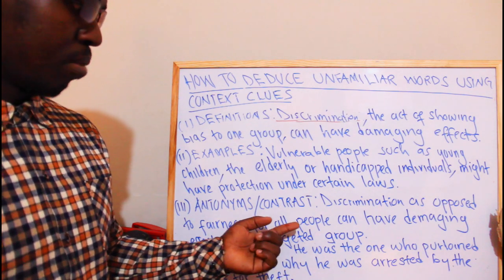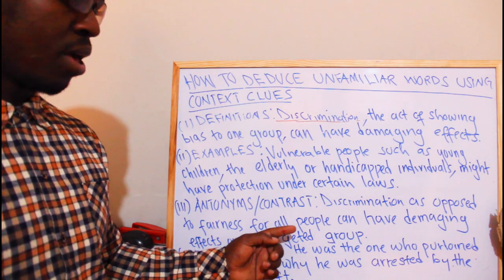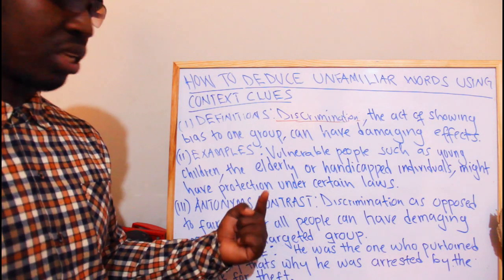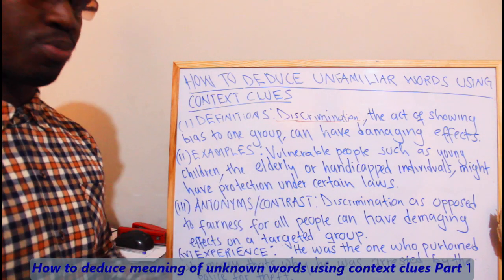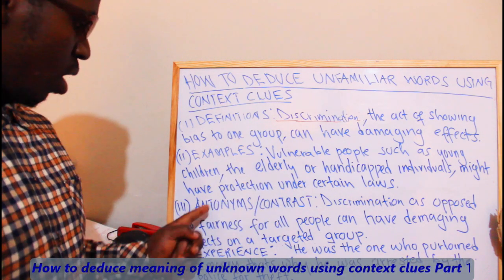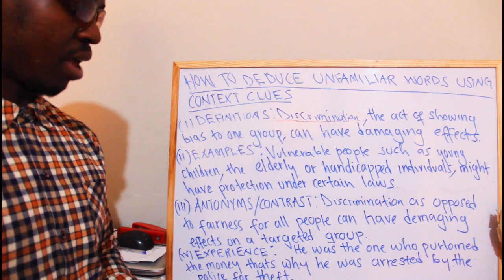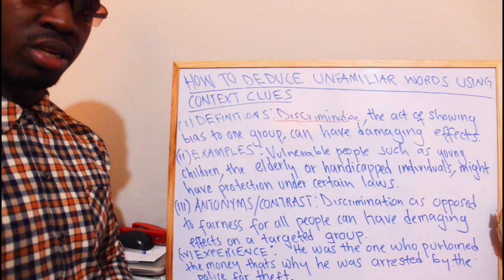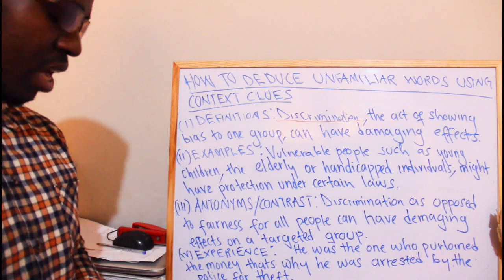Meaning what we are given here, which is a contrast, is a clue to help us understand the word discrimination in this particular case. So antonyms or contrasts do help us understand unknown words. Okay, so we go to the last one.